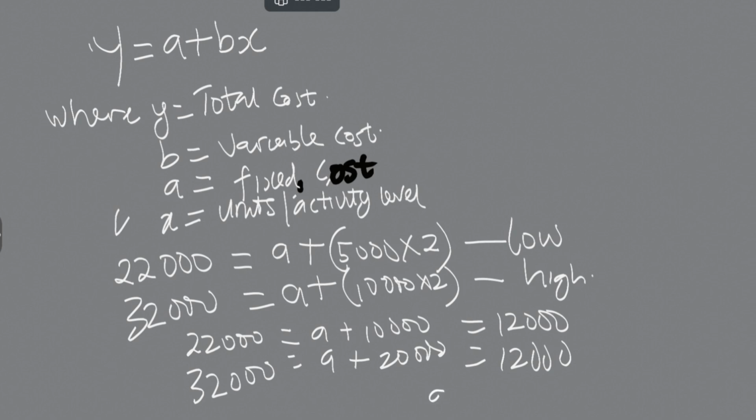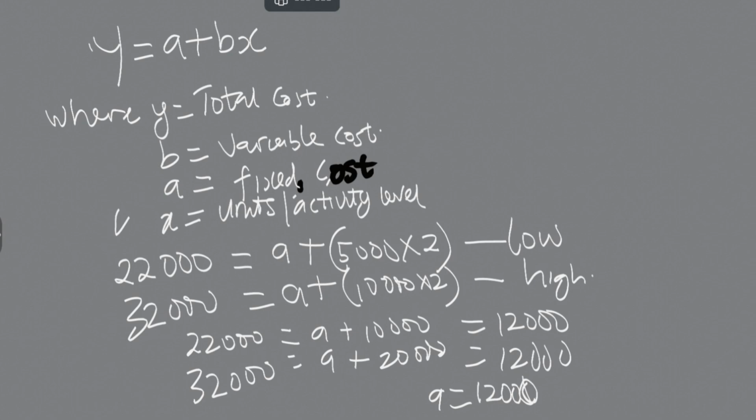So the value of a for both low and high activity level is 12,000. They are both the same because it is the fixed cost. Fixed costs do not vary regardless of the level of production or activity level. It will always remain constant.